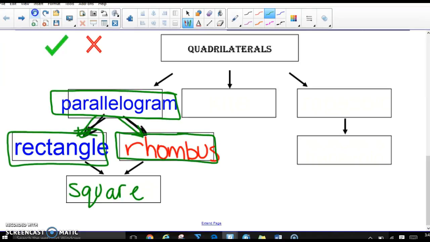And anything that's going to be check mark for rectangle and rhombi are going to be check mark for square. So I want you to pause this right now and take your best guess at where you think check marks are going to go based on rectangle and rhombi for squares, and where you think the check marks are going to be for rhombus. When you're done, start this up again.